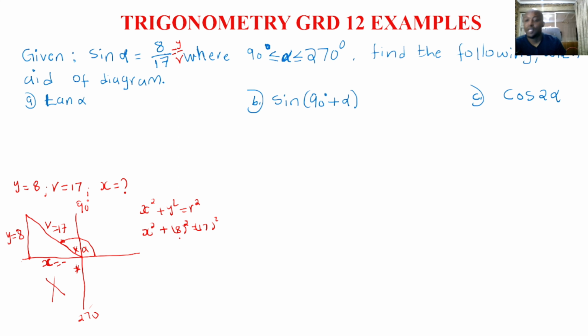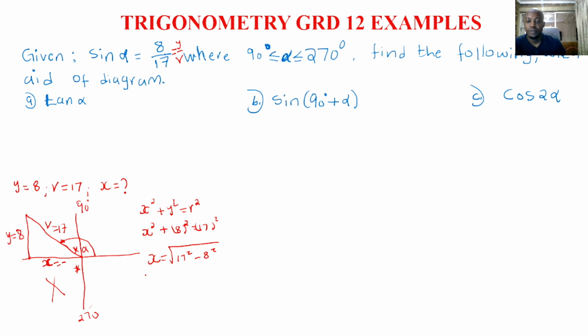Now let's solve for this one. x is going to be the square root of 17 squared minus 8 squared.